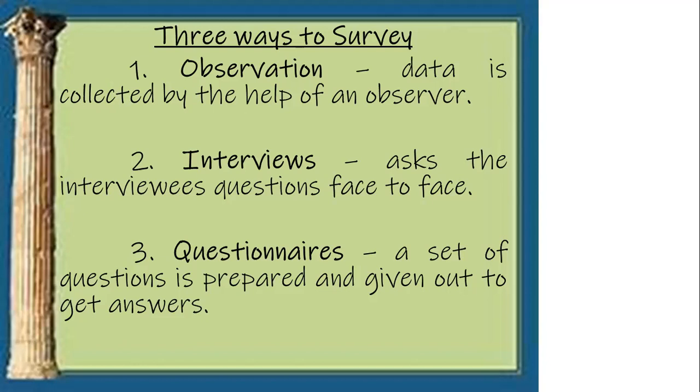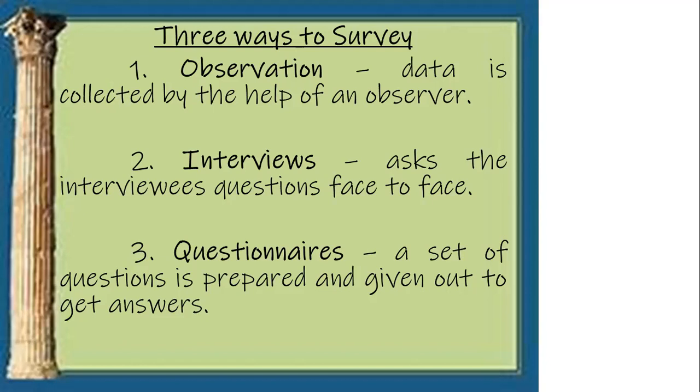Number 3 is a survey through questionnaires, meaning you prepare some questions on a piece of paper and give it to the people that you want to answer. Once they are finished answering, you get back the paper and then you now have the data by questionnaires. So those are the 3 types of survey. Remember: observation, interview, and questionnaires.